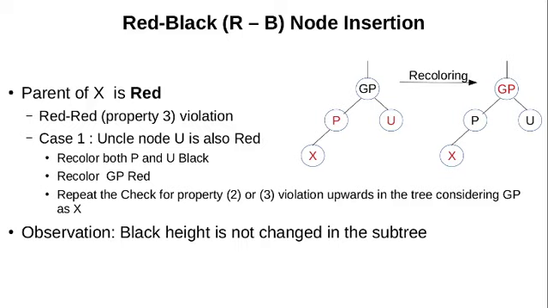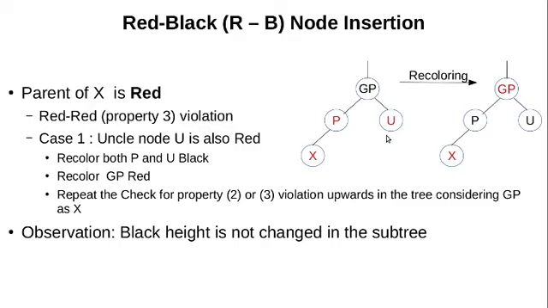Before talking about the correct procedure, let's explore the alternatives. One may think of changing the color of X to black. This removes the red-red violation but generates a black height violation at the ancestors of node X. Now we think of changing the color of both P and U to black.